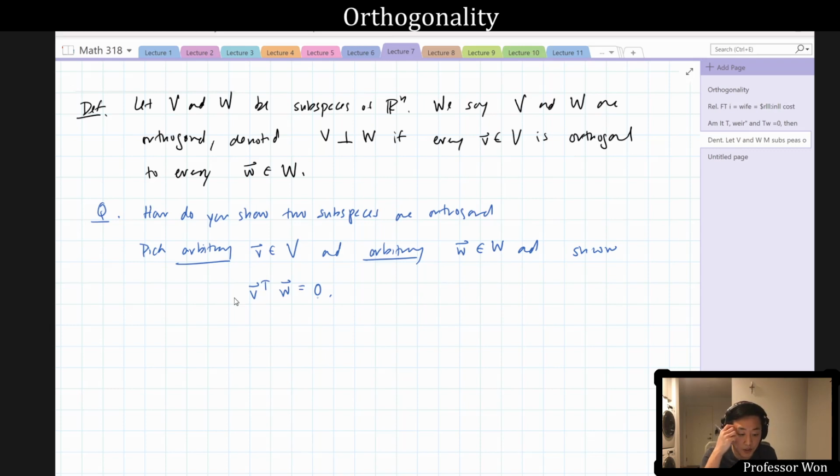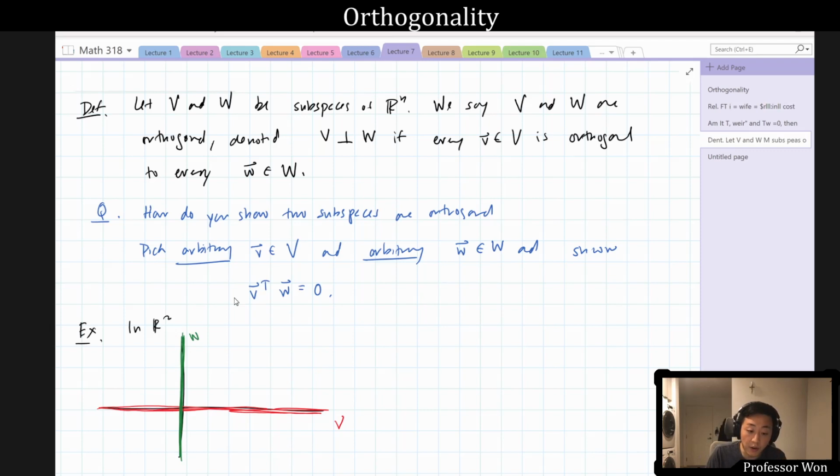Okay, so we should do some examples. And we should start where we're most comfortable, which is hopefully R2. So in R2, maybe the simplest example you can get, you take your first subspace to be the x-axis, call that V, your second subspace to be the y-axis, call that W, and hopefully you should believe that V is orthogonal to W. Why is V orthogonal to W?